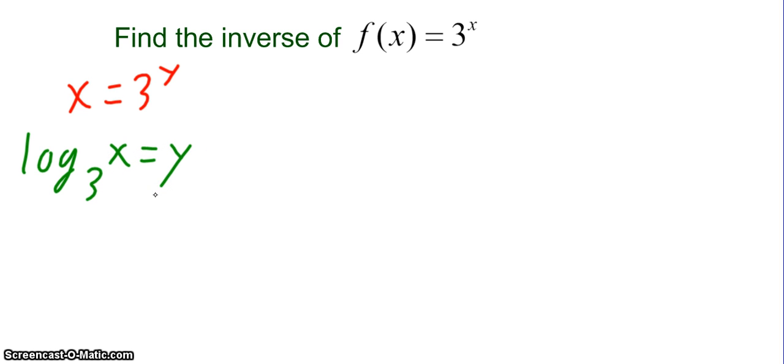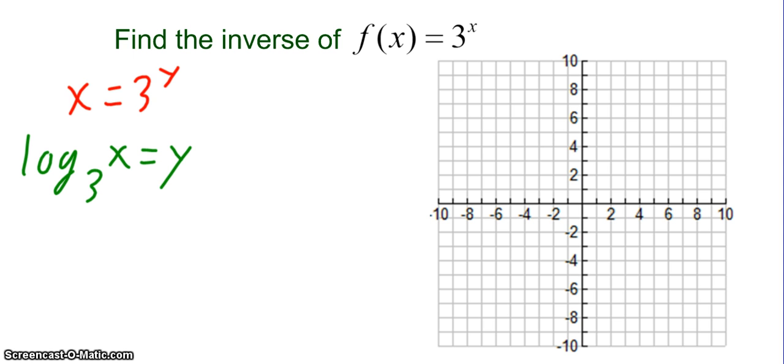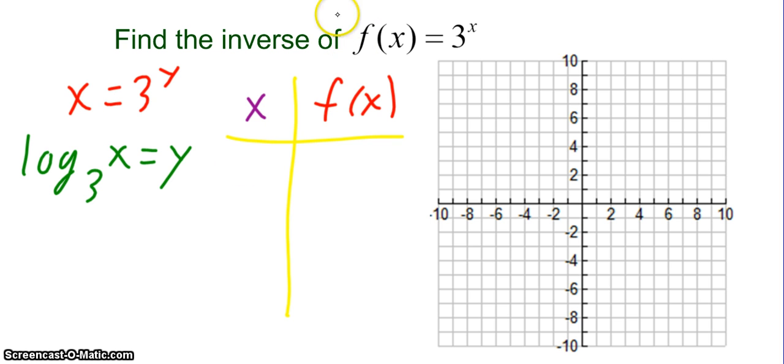Now the other way to go about this would be graphically. So remember that a function and its inverse reflect over the line y equals x. So if we have, let's say, x and then f of x, when x is -1, this is going to be 1/3, at 0, and 1, and 2.